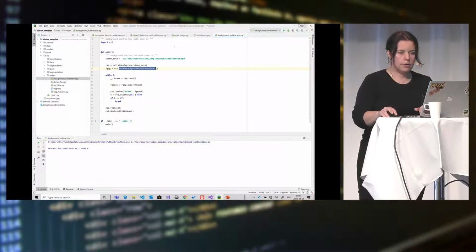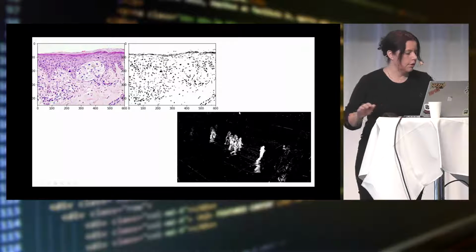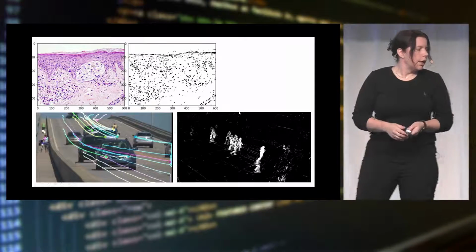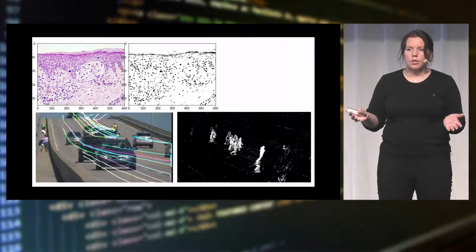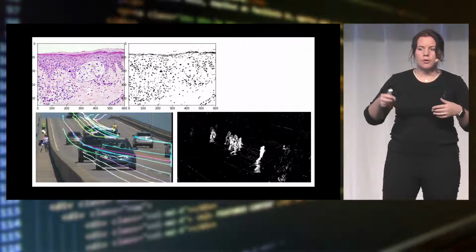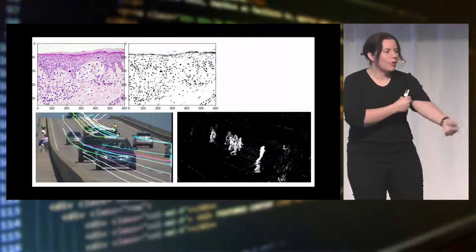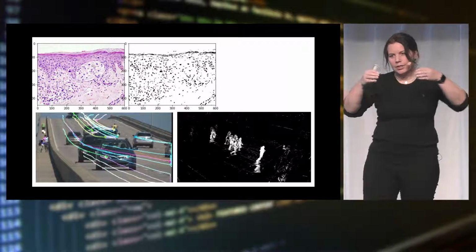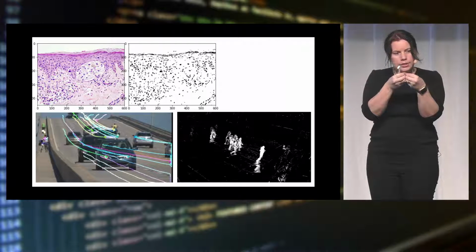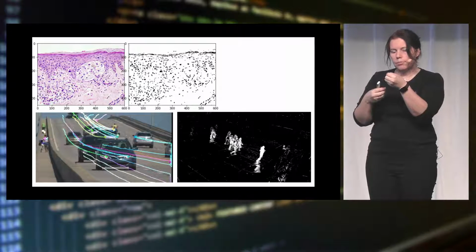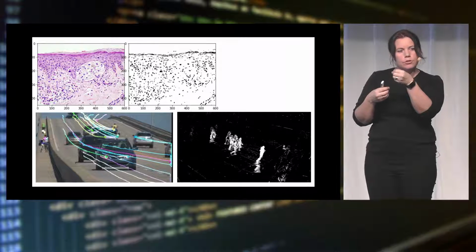And then we used optical flow. Does anyone know what optical flow is? No? A few people. So what optical flow does is basically it takes a few pixels, and you can focus and say that we're going to look at specific pixels.